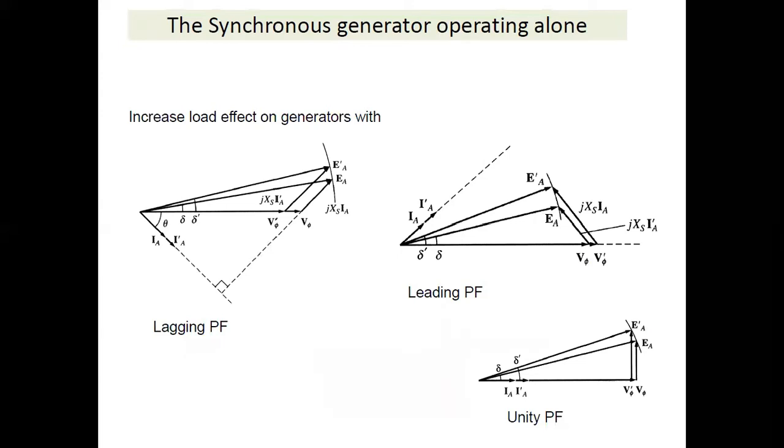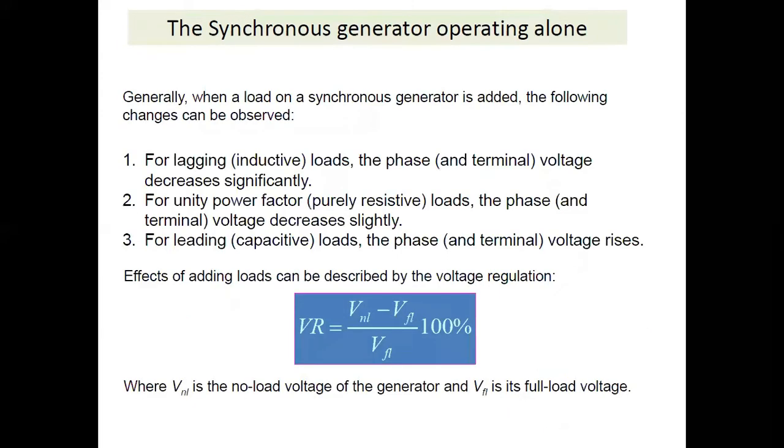As a result, the drop across the resistive component and the inductive component, which is the synchronous reactance, will increase, and as a result of this, the terminal voltage, or effective voltage available across the terminals of the generator, will be reduced.